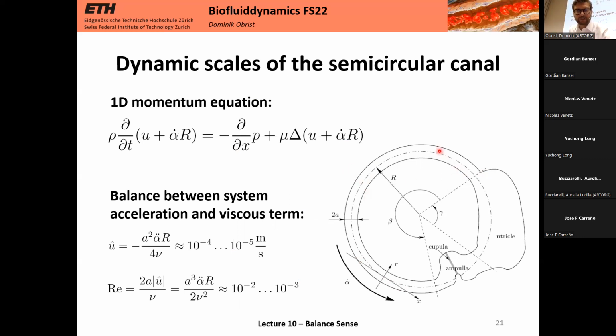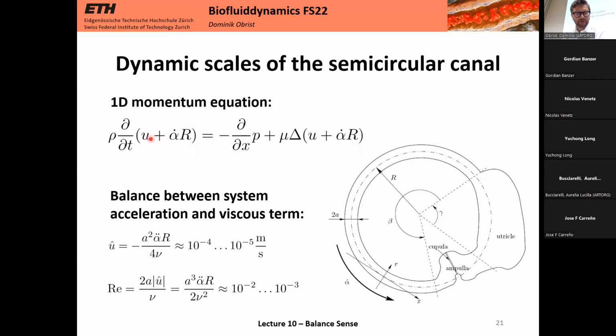And we can formulate an axial momentum balance along the main axis of the canal. And this is essentially what we have here. Momentum equation. You may recognize part of it from the Navier-Stokes equation. An unsteady term on the left-hand side, the pressure gradient, we need to talk about that later on, and the viscous term here.